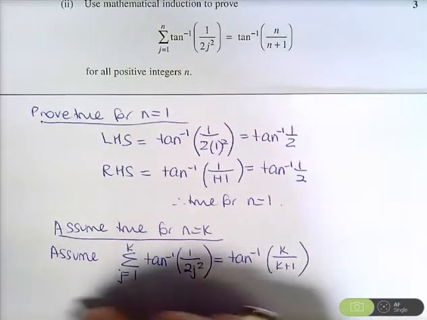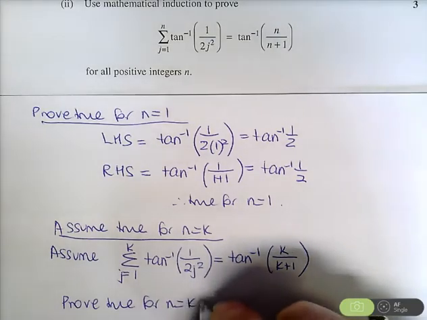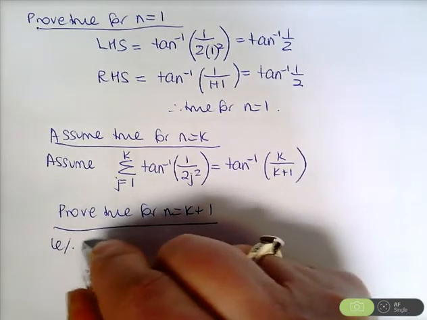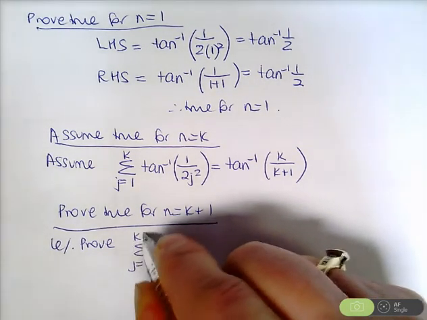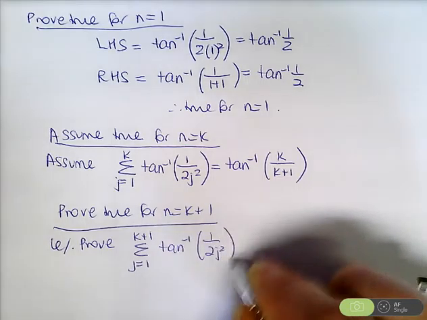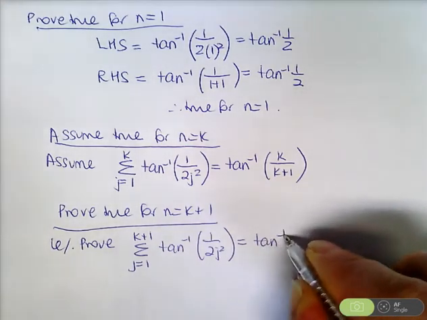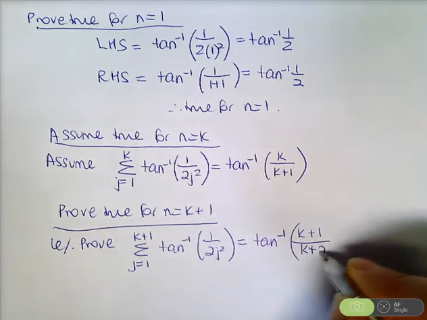And step 3, prove true for n equals k plus 1. That is, we need to prove that the sum from j equals 1 to k plus 1 of inverse tan of 1 over 2j squared equals the inverse tan of k plus 1 over k plus 1 plus 1, which is k plus 2.